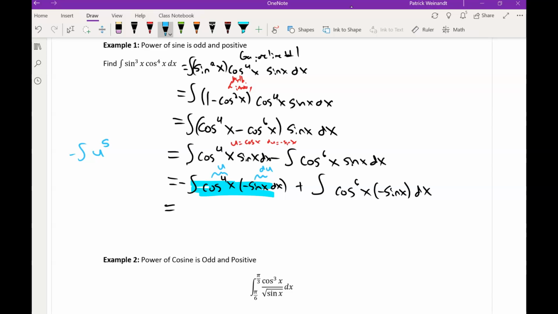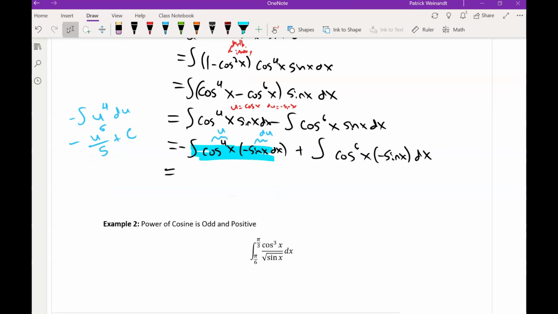So this just becomes u to the 4th du, and the power rule just tells me I'm going to add 1 to the exponent. This becomes negative out front times add 1 to the exponent, u to the 5th, divide by that, and then plus c. So that's really what's going on here.